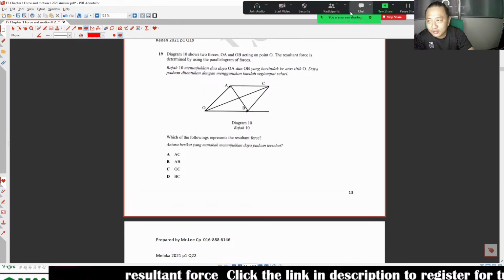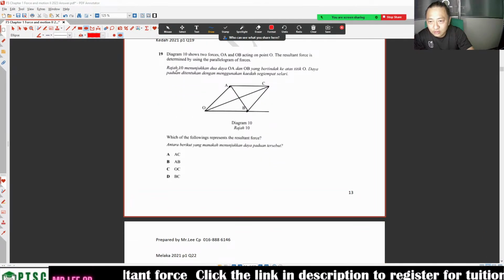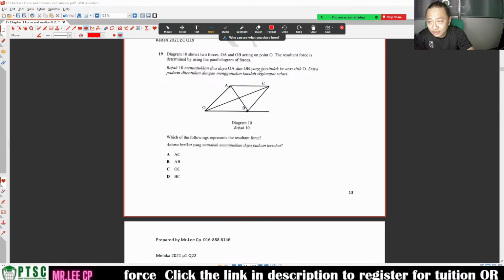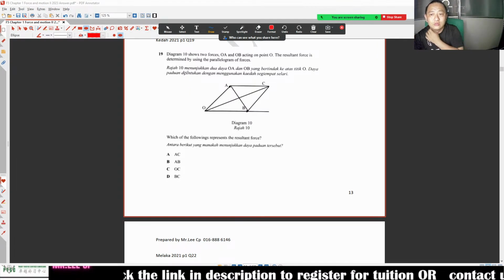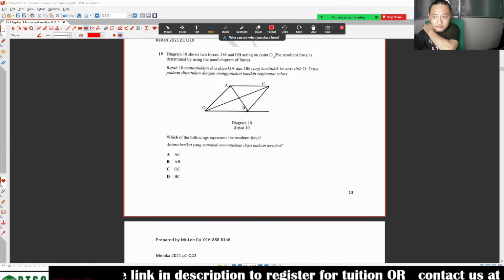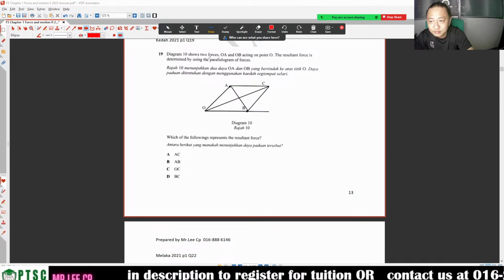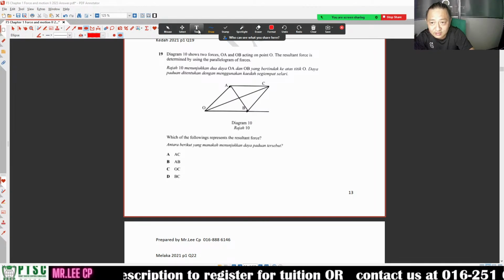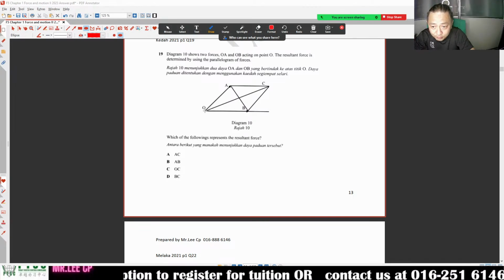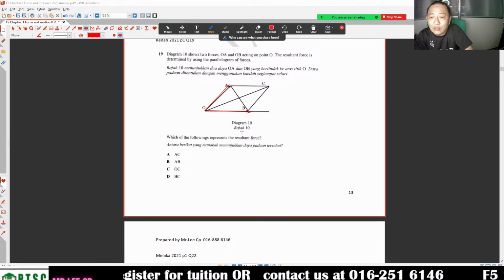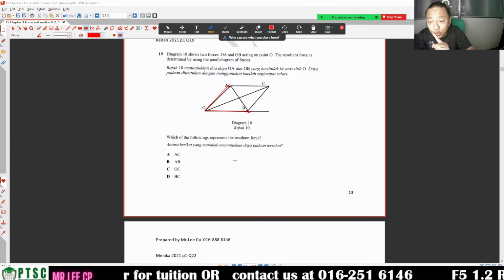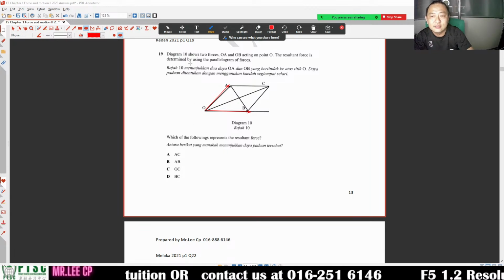Number 19. The diagram shows forces OA and OB acting at O. The resultant force is determined by using a parallelogram of forces. This is what we did last week. You pull here, I pull here, so that gives one resultant force. Which one is the answer?